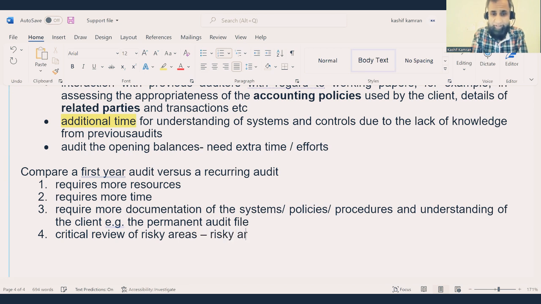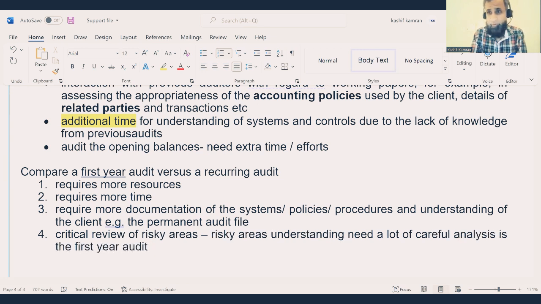The risky area understanding needs a lot of careful analysis in the first year audit, because you don't know anything about the company. So you need to spend a lot of time on identifying the risky areas or areas to focus on.